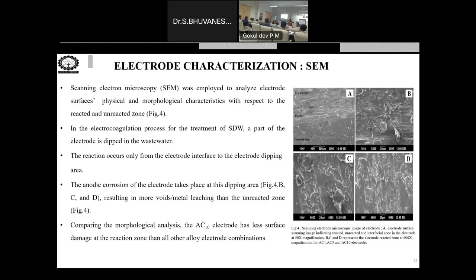Copper has more hardness, so it will not easily get damaged or destroyed. That is the reason. He is confirming that from the SEM image, the last one, which shows less surface damage.